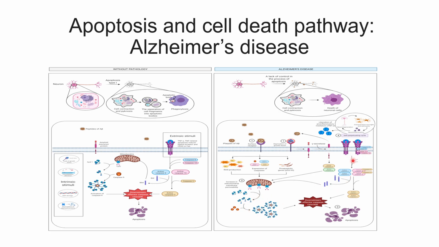The external stimuli will also get activated, and caspase 3 and caspase 9 will get activated. The activation of this external stimuli will make the membrane of the mitochondria more permeable, so this will leak out more cytochrome C into the cytosol.